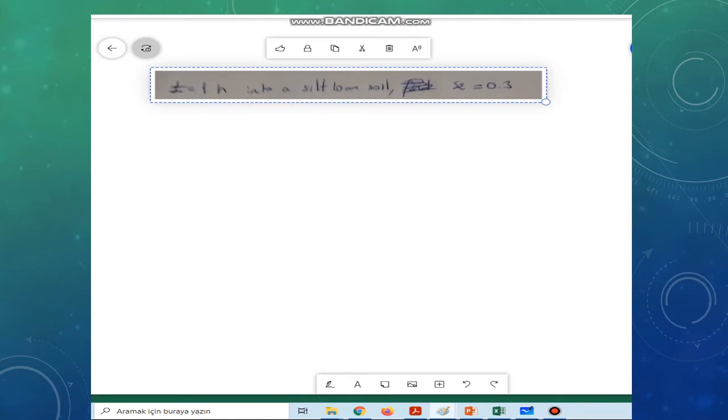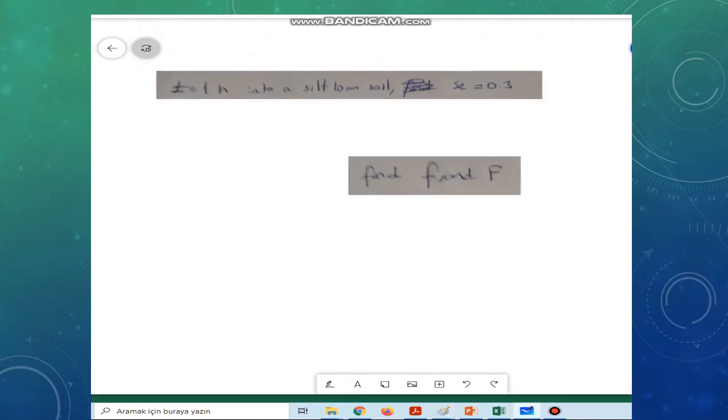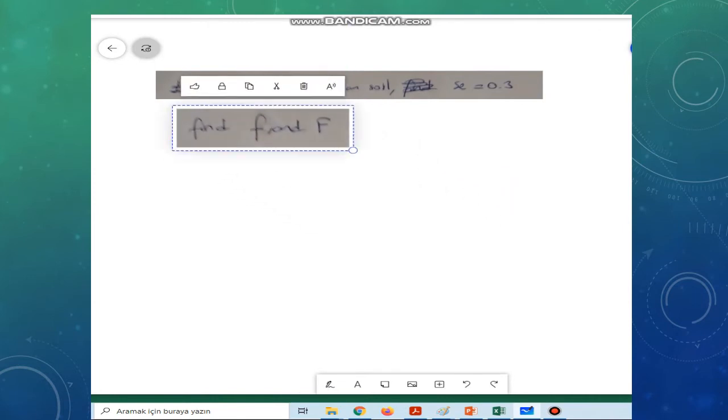And what we need to find is the infiltration rate and cumulative infiltration.